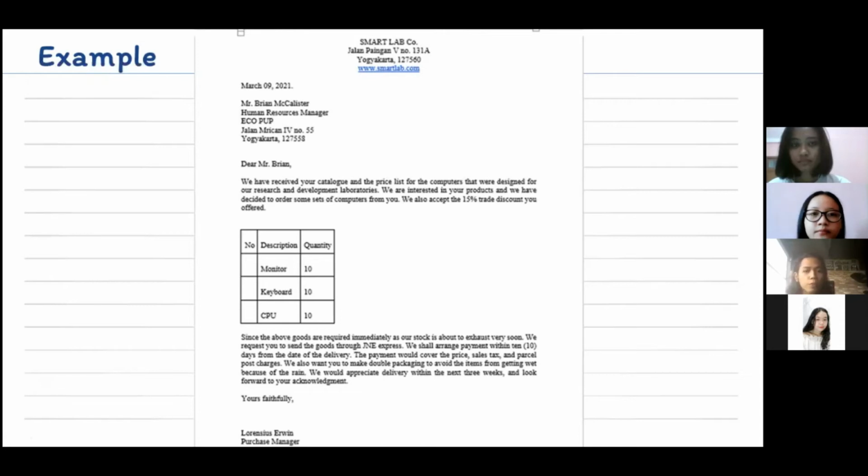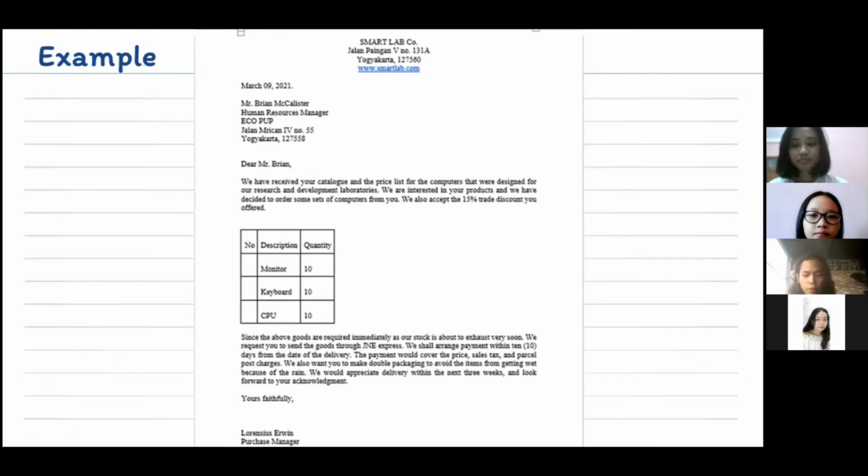After that, we move to the main part of the letter. Here you can see the salutation, Dear Mr. Brian, and then the body shows that the sender is interested in the goods that the company offered before. Also, the sender accepts the 15% trade discount that was offered before by the seller.